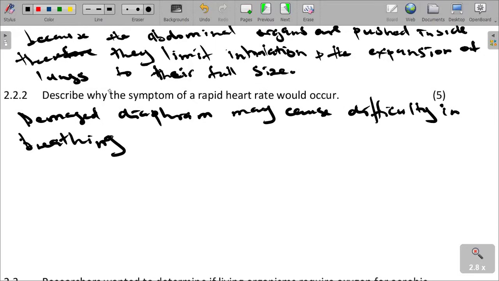The damaged diaphragm, remember we said that the diaphragm is damaged, therefore it may cause difficulty in breathing. So carbon dioxide in the blood increased, which was detected by what? By the chemoreceptors of the aorta.